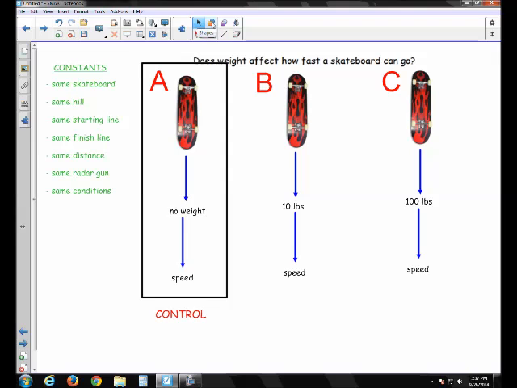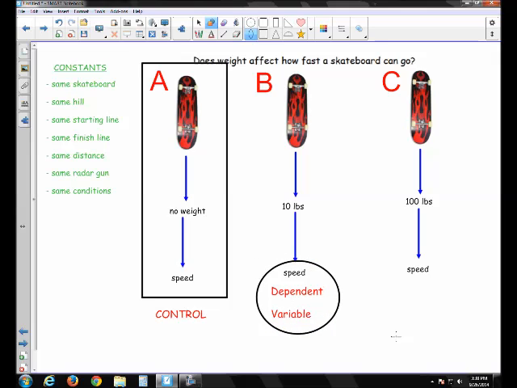And what's being measured in the experiment is speed. We're measuring the speed of the skateboards, right? And so speed is going to be our dependent variable. Speed is our dependent variable. Whatever you're measuring in your experiment is probably going to be your dependent variable.